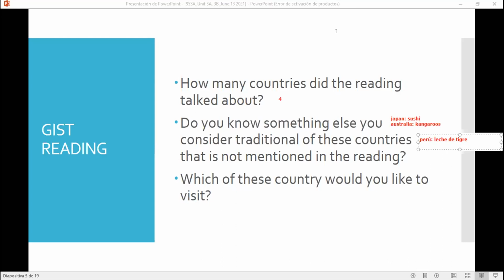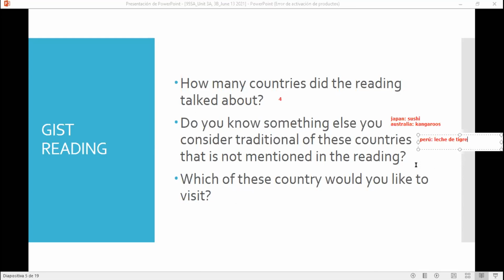No, teacher, se me levantó la mano, disculpa. Okay, yes, we have some other things that are traditional in these places, right? En la lectura solo mencionan una sola cosa, porque recuerden que la pregunta era que describan una sola cosa que los turistas no deben perderse de ese lugar, ¿no? Pero hay muchas más cosas, claro.